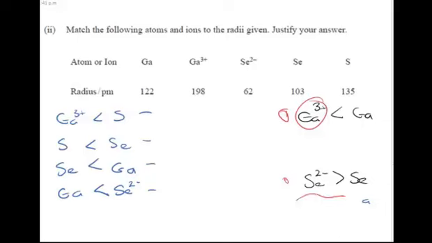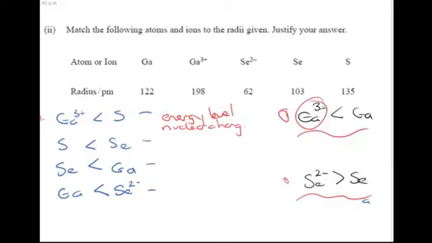Now that's fine with the ions, but how about considering these? I've just done these in order of how we've decided them. Why is gallium 3+ going to be smaller than sulfur? Well, in this case you need to talk about the fact that they're in the same energy level, and then you need to talk about the number of protons, and that means the nuclear charge is so much greater.